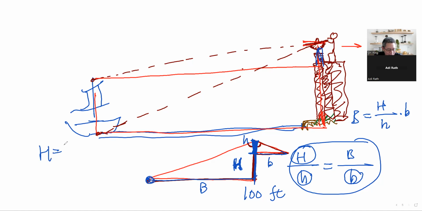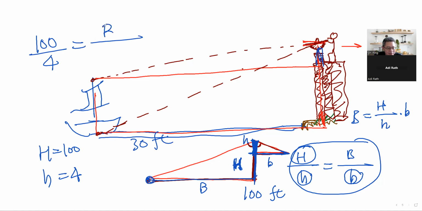So capital H is 100, and little h is 4. And we can measure this. If we measure this one to be, say, 30 feet, then we have the equation 100 over 4 equals this capital B, this distance, over 30.